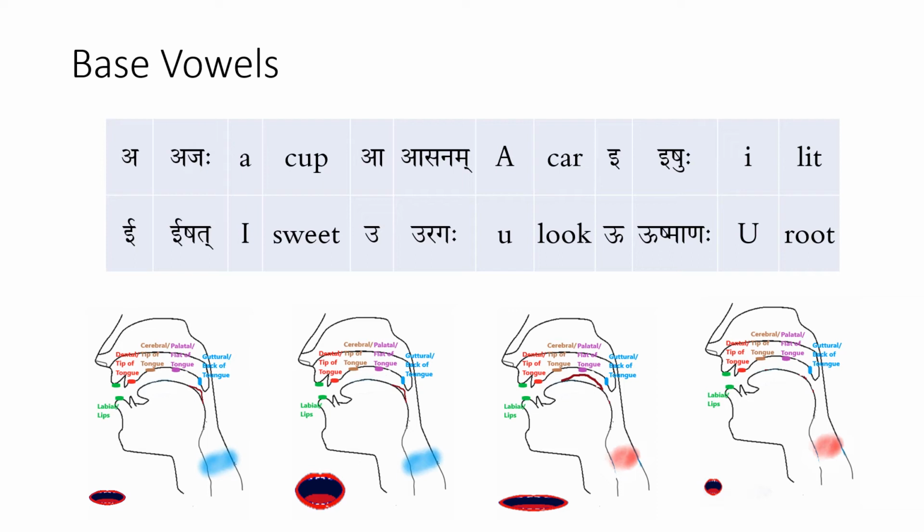After the R sound, there is the oo sound in root. That elongated oo sound is this vowel here.